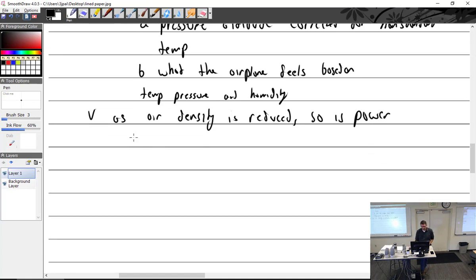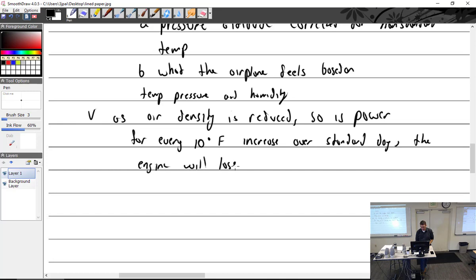For every 10 degrees Fahrenheit increase over standard day, the engine will lose about 1%.